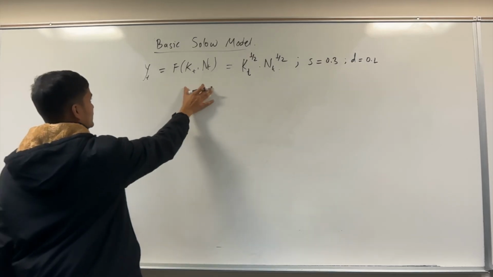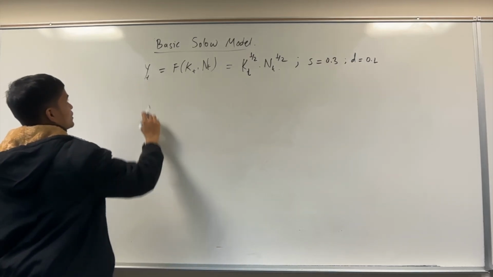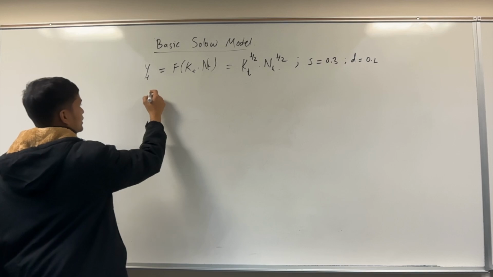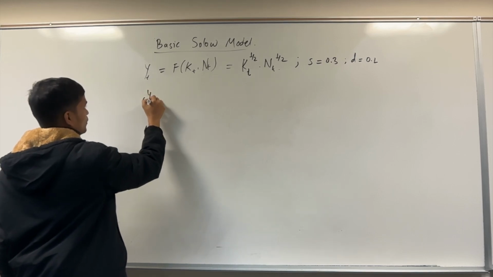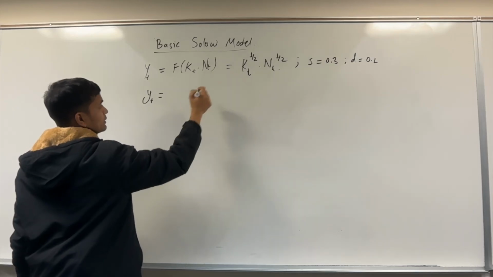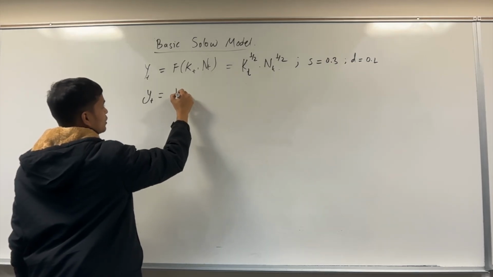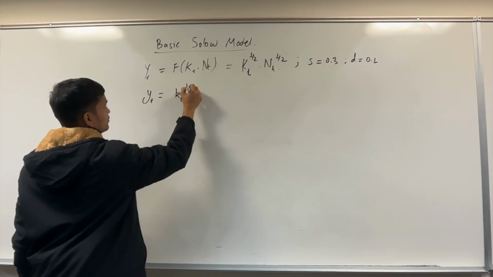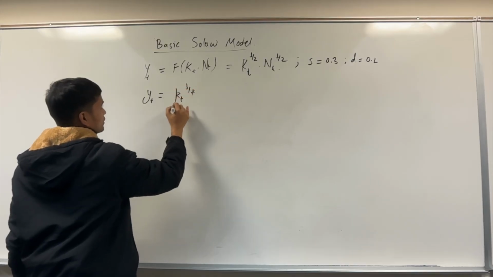Now we know that this is the total production function, but the per capita production function y_t, which is small y_t, we can write as small k_t to the power 1/2.